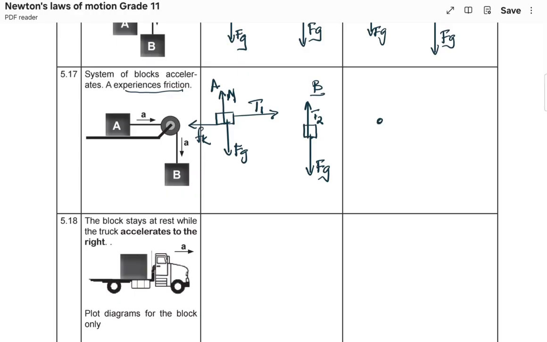So for A: normal, Fk, Fg, T1. For B: T2 and Fg.